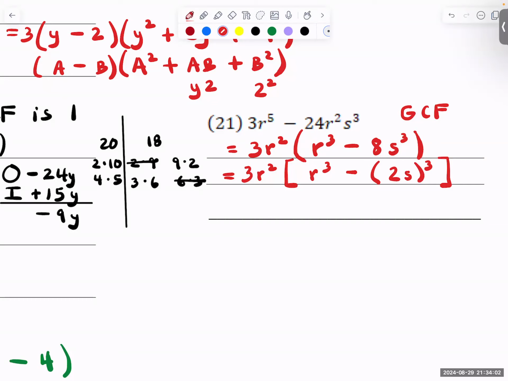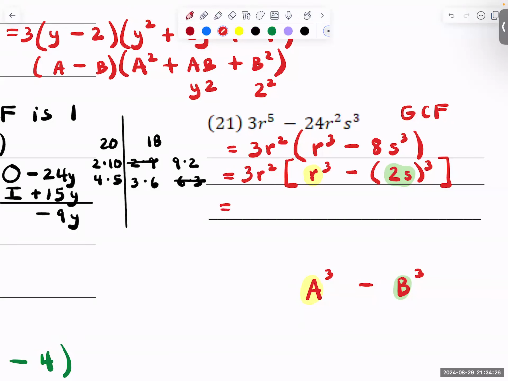So the factoring formula for the difference of cubes is A cubed minus B cubed. Therefore, capital A will be r, and B will be 2s.